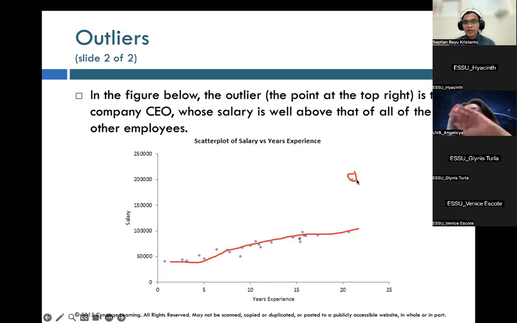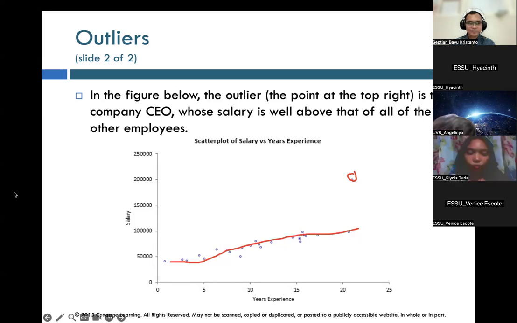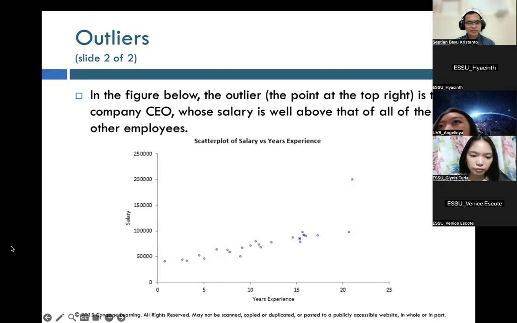So this data point is included as an outlier. But don't worry about this one, because it is only one data point versus all the other data, so we can ignore this outlier. We can still make a linear pattern. Okay.